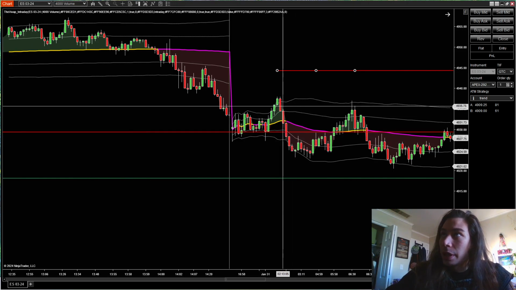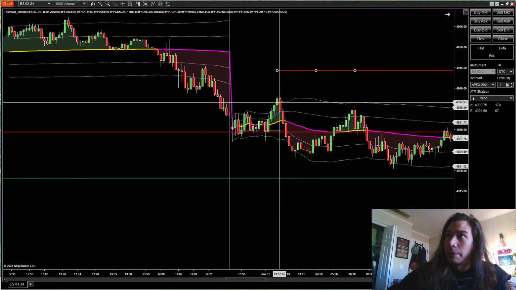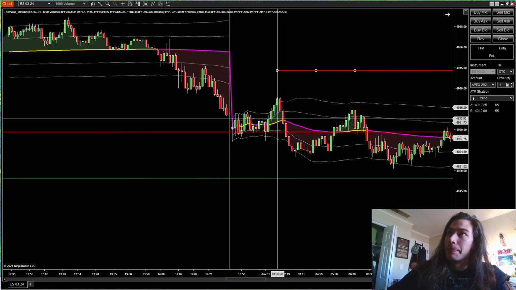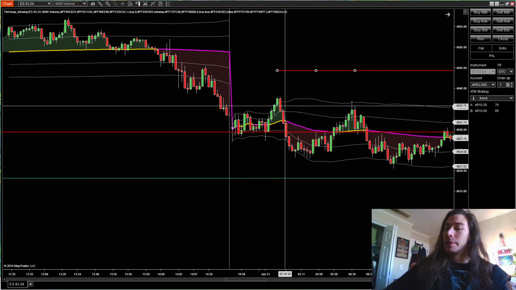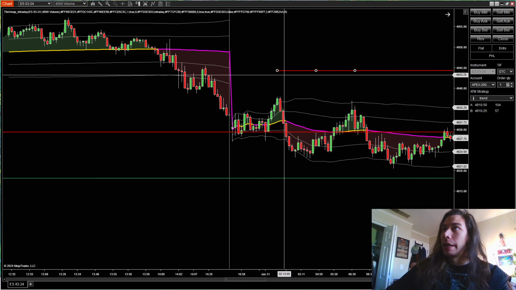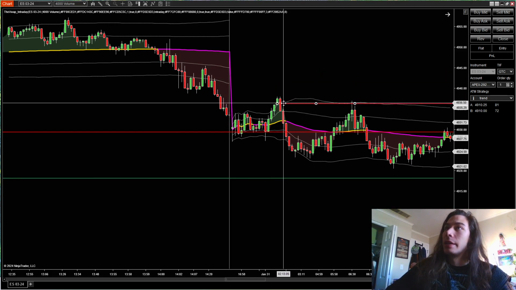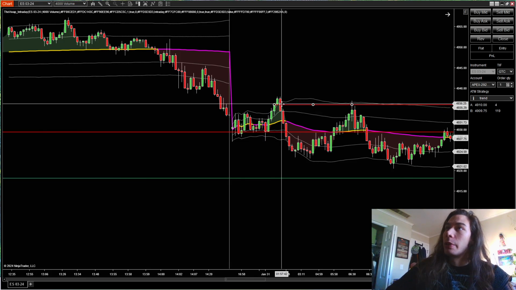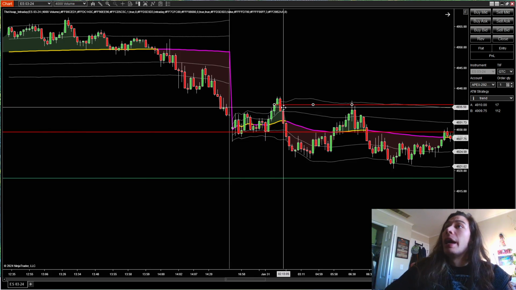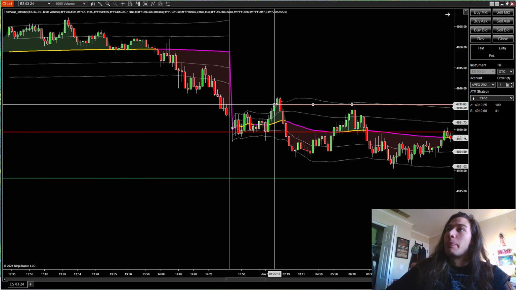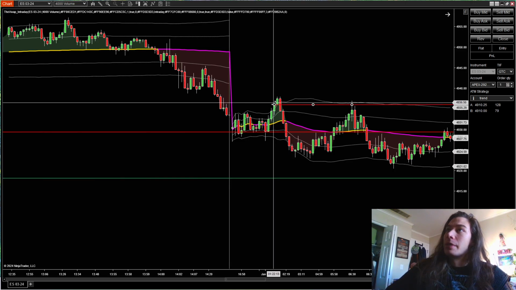And what I do is I look for the basing bar, which is the bar before the price changes hands, and in this case we have sellers, so we put a red line at the bottom of the basing bar here.